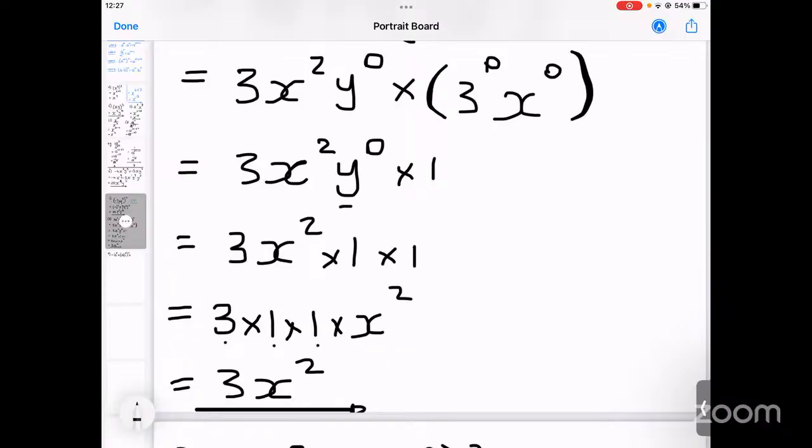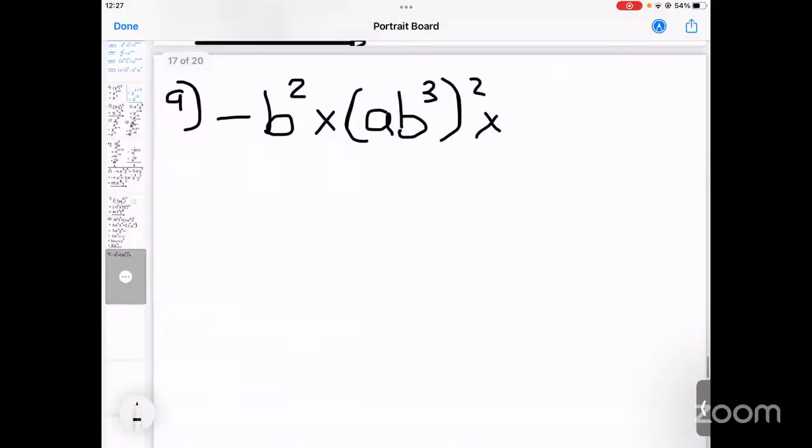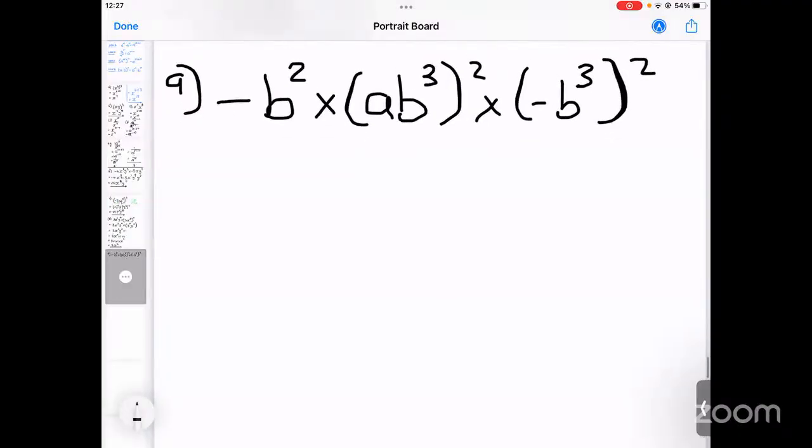Yes, sir. Good, goodest. So now, here is another one where that is multiplying that. There you go. Here's another one, Manahil. Very quickly.